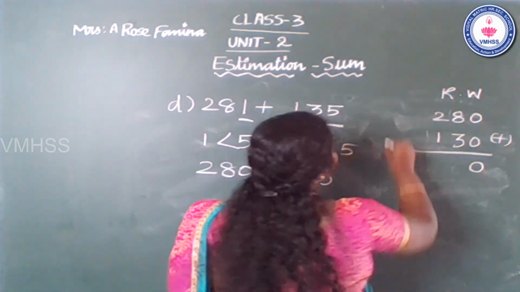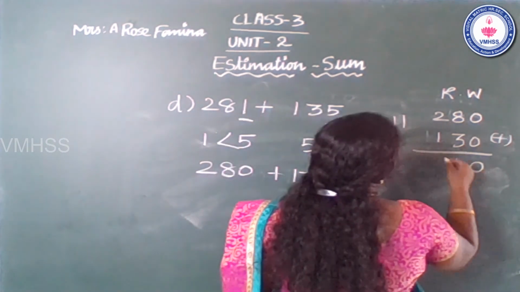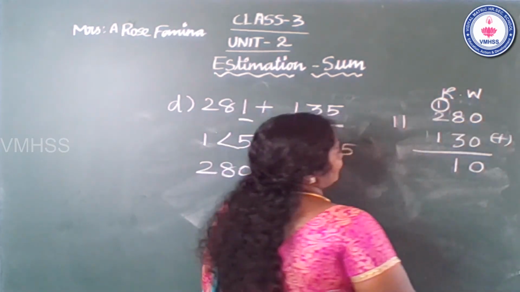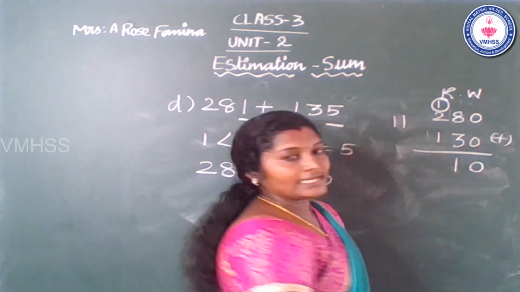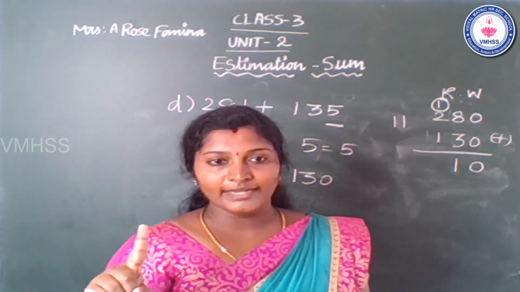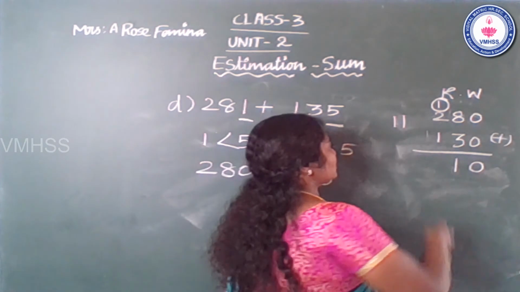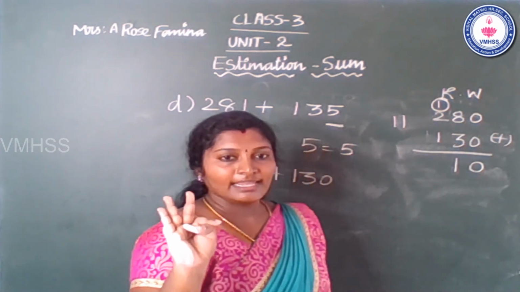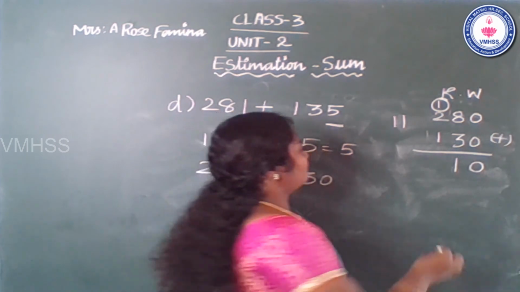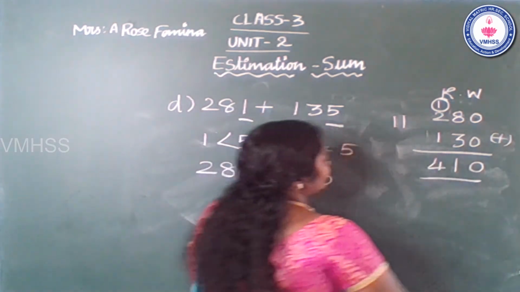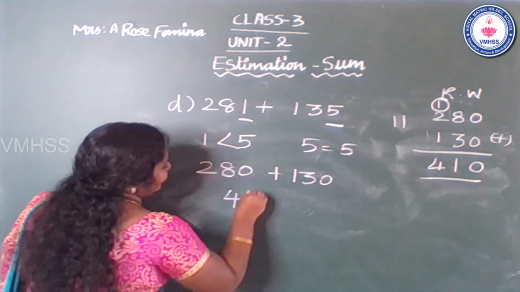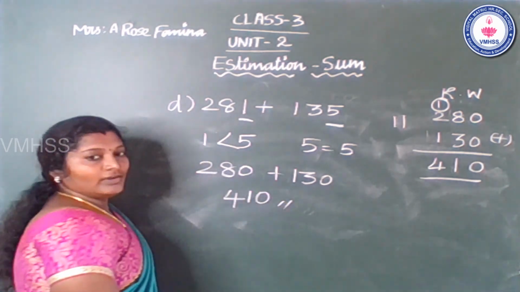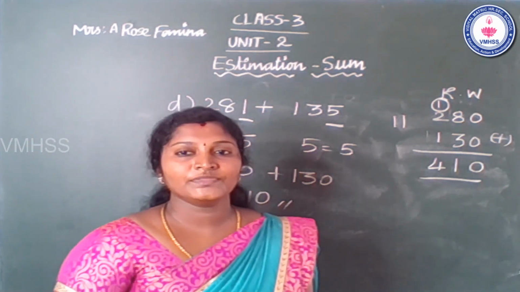So 11, write the 1. Adding the next place: 1 plus 2, 3. 3 plus 1, 4. So now 410. Okay, ma? Do you understand this sum?